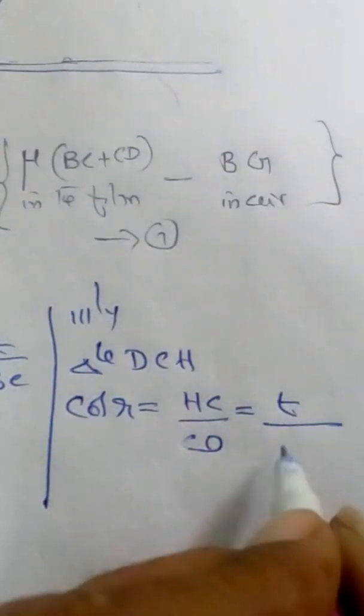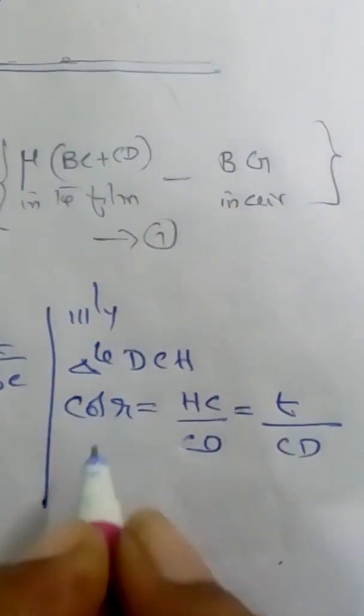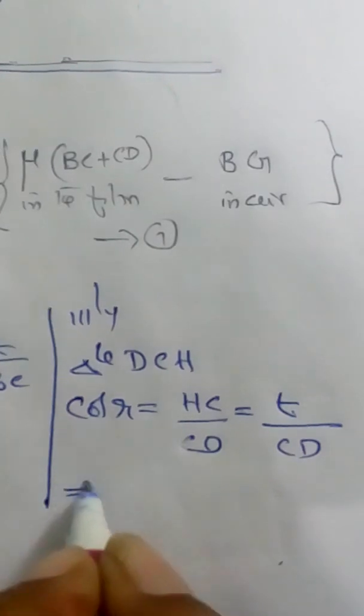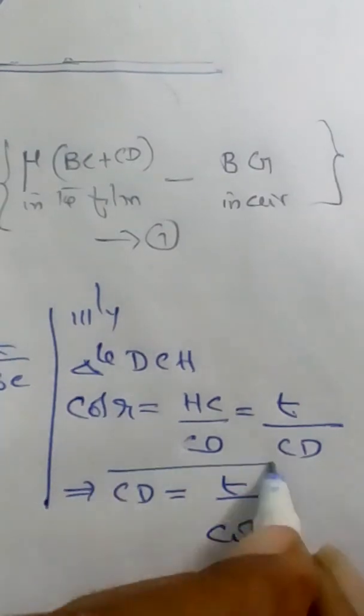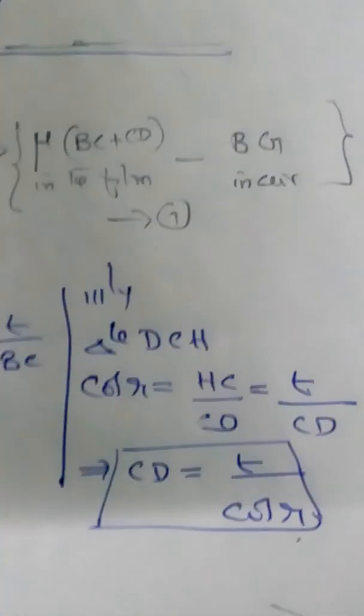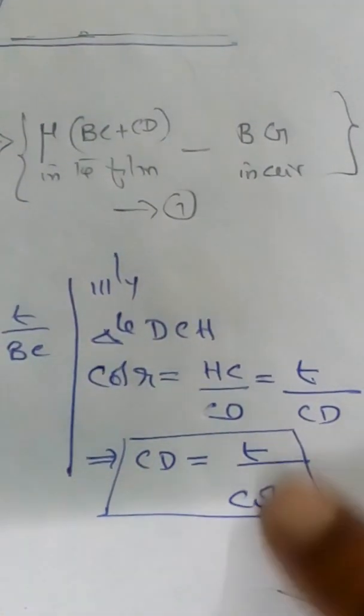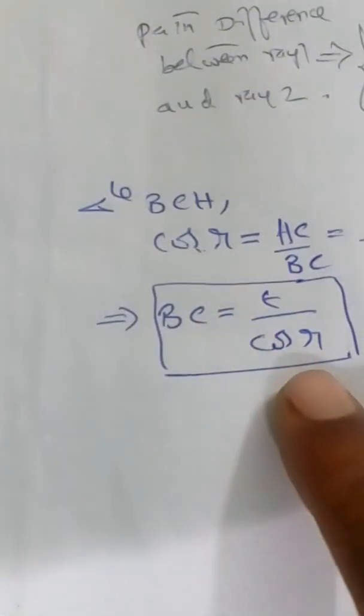HC is T, the thickness. Again you cross multiply, so CD is equal to T by cos R. So you got CD as T by cos R, and you got BC as T by cos R.